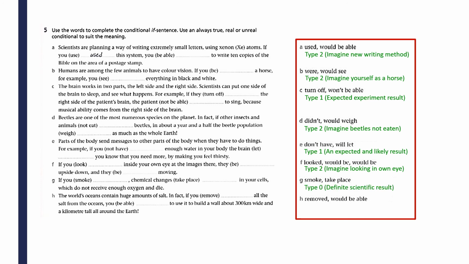G. It's a definite scientific result of how things happen, type 0. Finally, imagine removing all salt from the ocean. It's not something that can happen. It's only an imagination. Therefore, type 2. Write down any corrections you have to make and we'll discuss more in class.